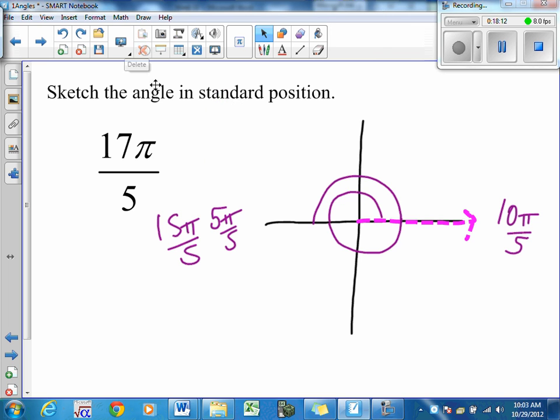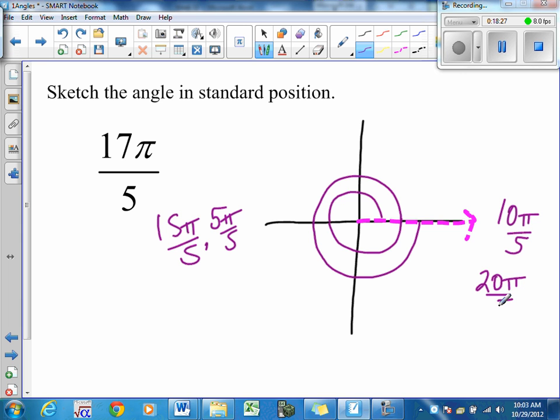Notice I'm able to label this angle 2 different ways: 5 pi over 5, or 15 pi over 5. Now, if I would go all the way back, I would have 20 pi over 5. But I don't go all the way back.